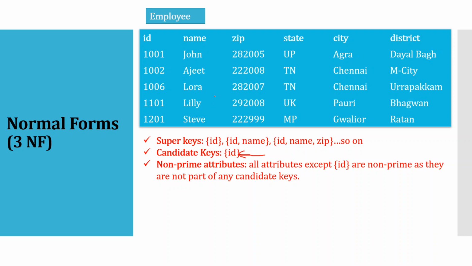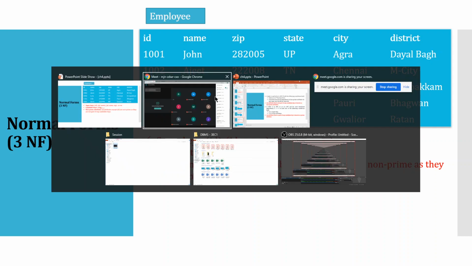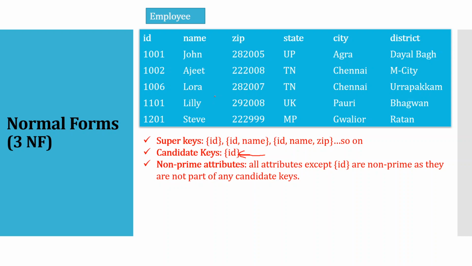So we have already confirmed that our table is in 1NF as well as 2NF, because each column contains only one value and there is only one candidate key column. There are not more than one candidate key column. So our table is in 2NF also.